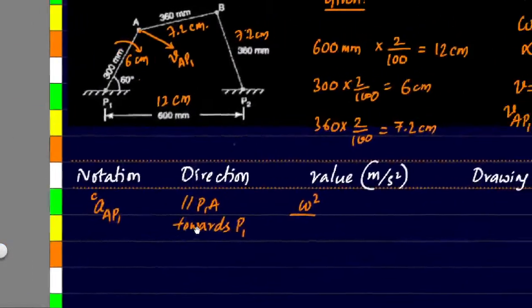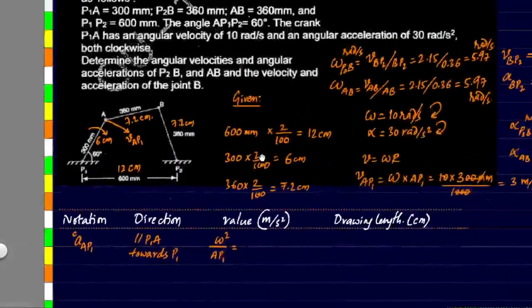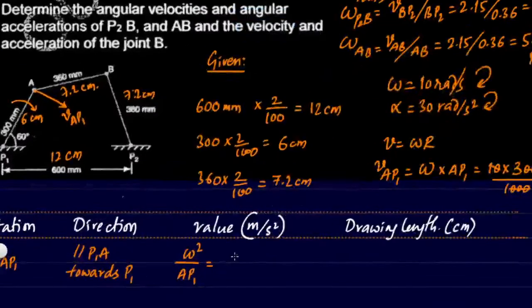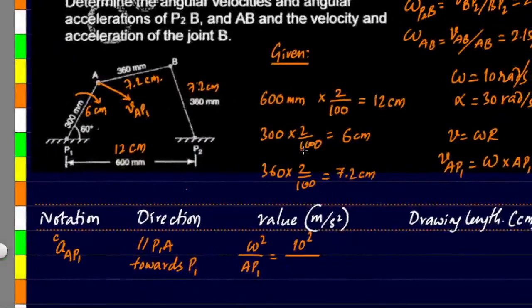In this case, r is nothing but the length AP1. Omega of this is given to us as 10 radians per second. So 10 square divided by AP1. AP length is 300 mm, which when converted to meters becomes 0.3.